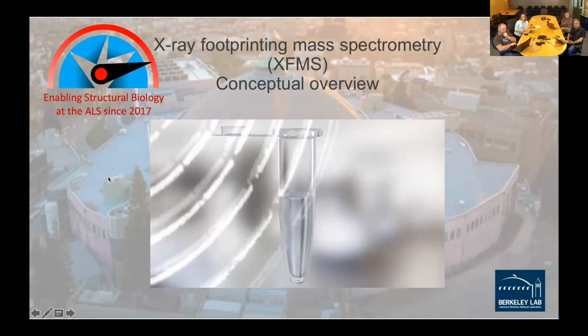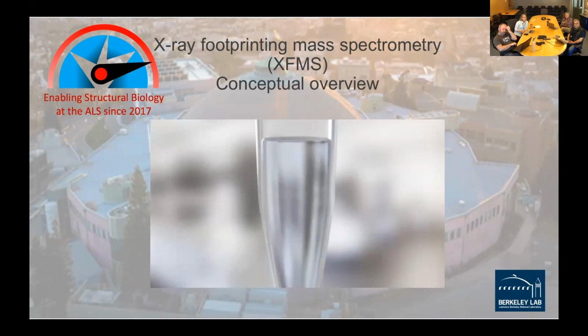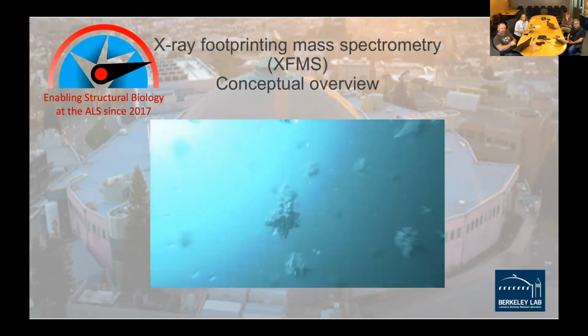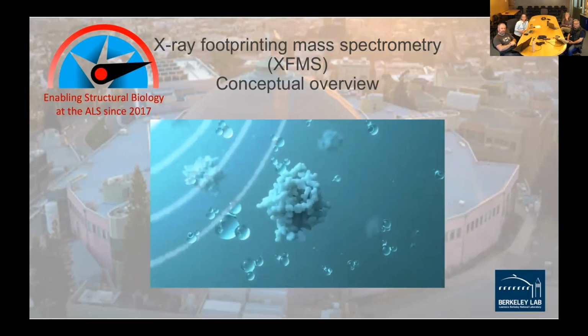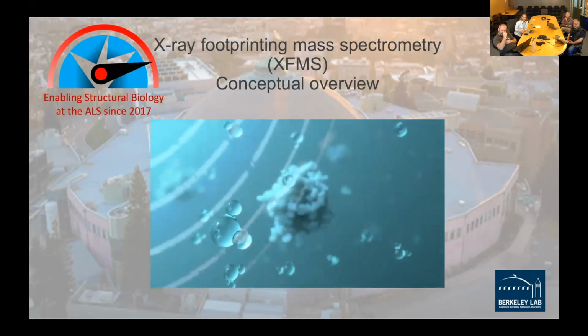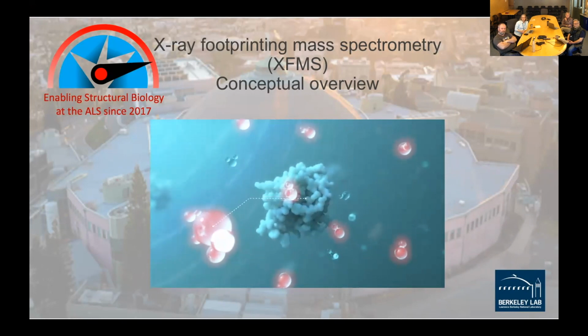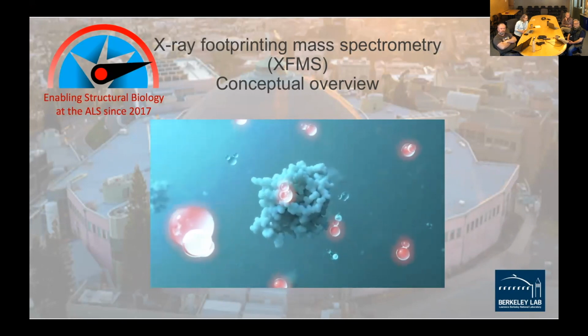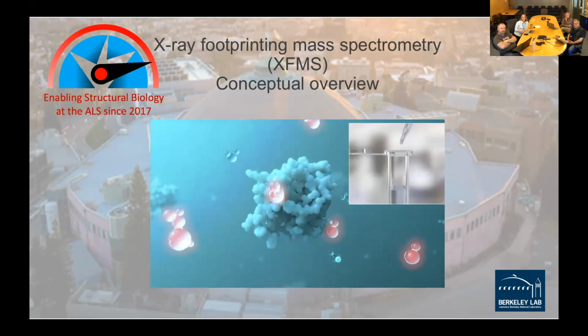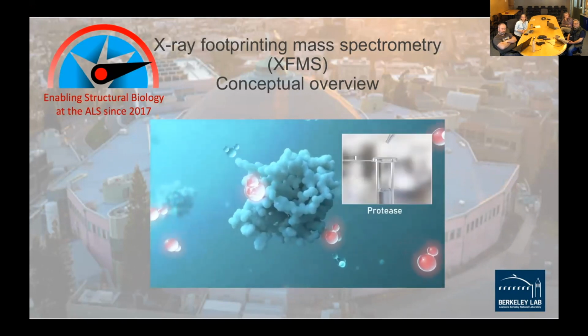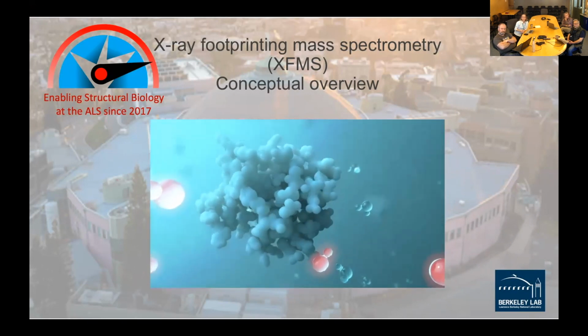Basically, it's a solution state method. We have protein in some kind of buffer, and we irradiate with X-rays. The X-rays interact with the water and produce hydroxyl radicals, and the hydroxyl radicals will go on to modify protein side chains. They're highly reactive with protein side chains, and to some extent the backbone.